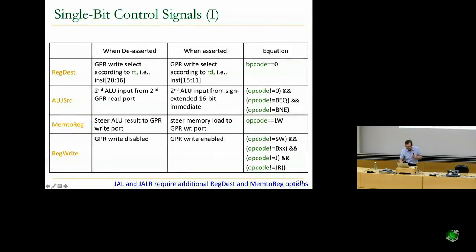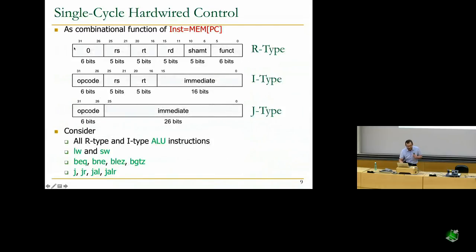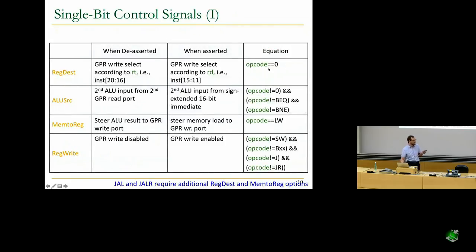And the equation can be simply determined by looking at the opcode. If the opcode is 0, then you're writing to 15 through 11. If the opcode is not 0, this is a non-zero opcode over here, then the instruction is supposed to be writing to a destination register that's specified by 20 through 16. That's why you set the control signal based on the opcode equals 0 comparison. Make sense?